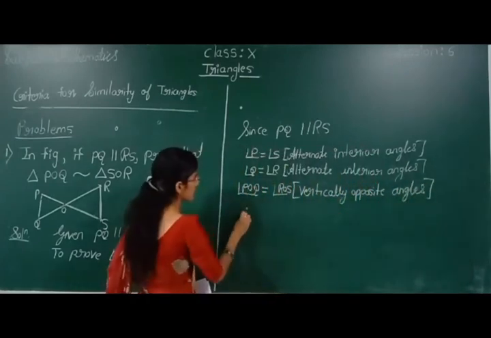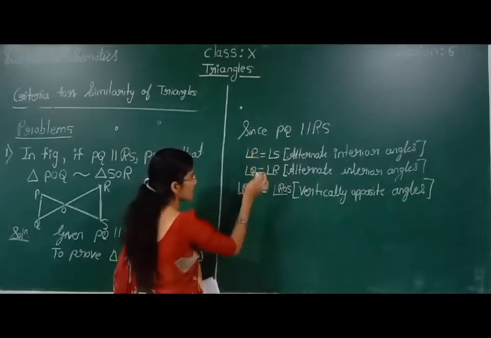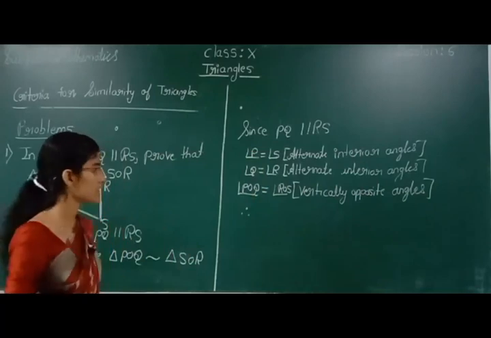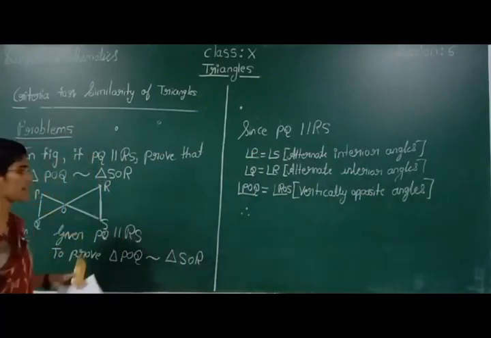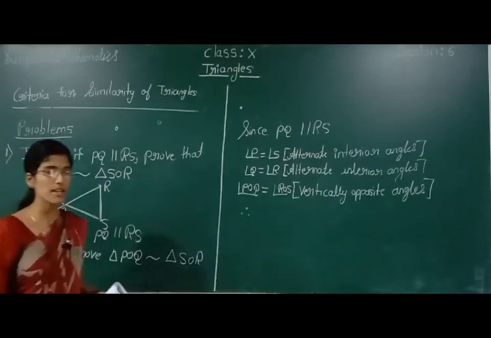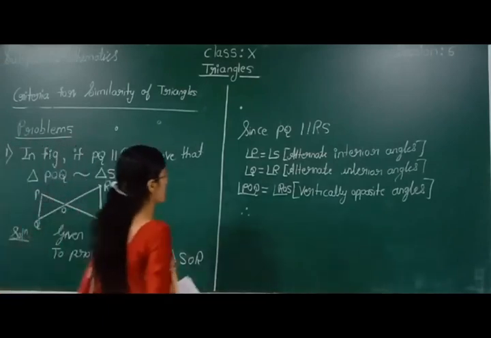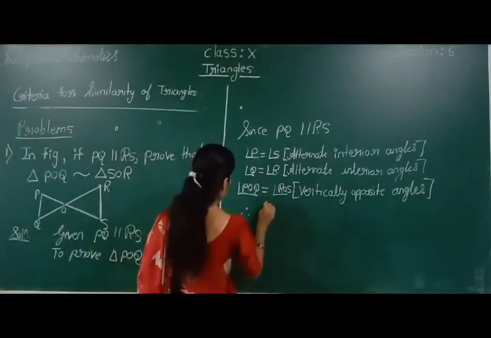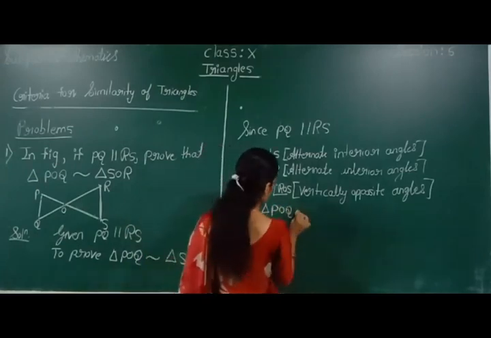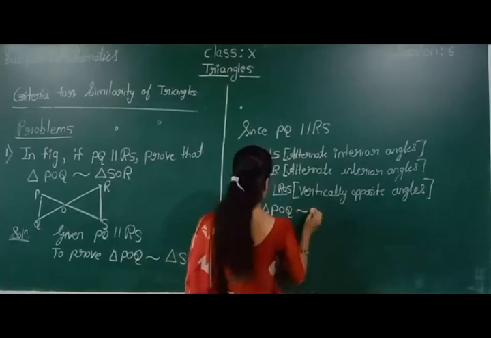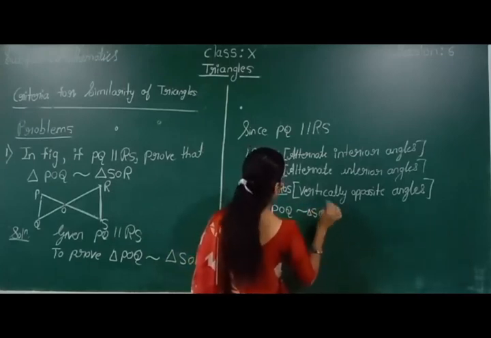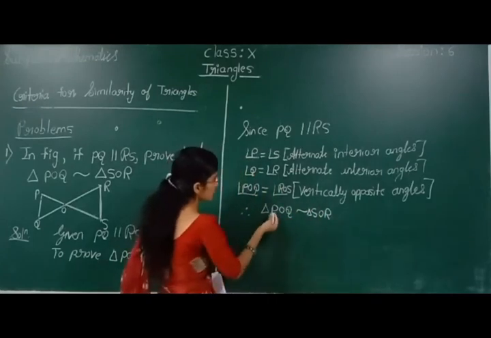Therefore, see here we got angle, angle, angle. When three angles are the same in a triangle, we can tell that these two triangles are similar. By which criterion for similarity of triangles? Angle, angle, angle. Therefore, triangle POQ is similar to triangle SOR.